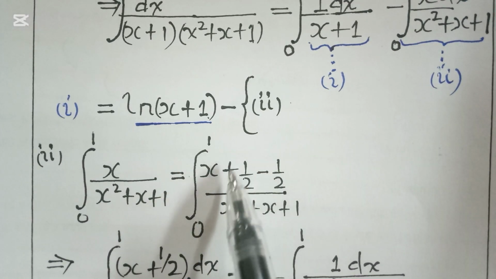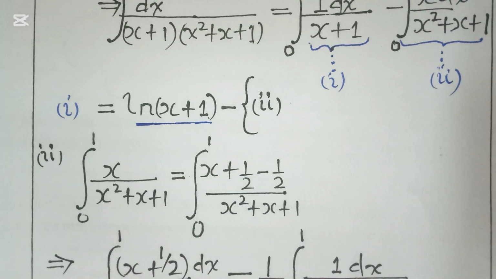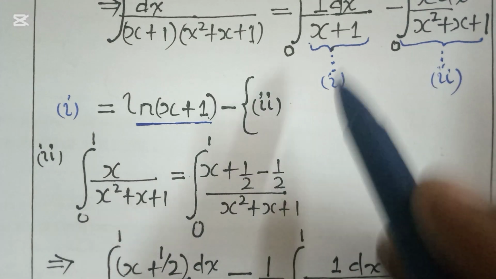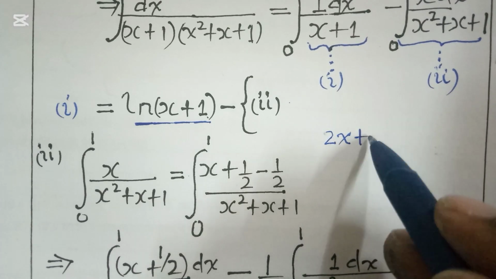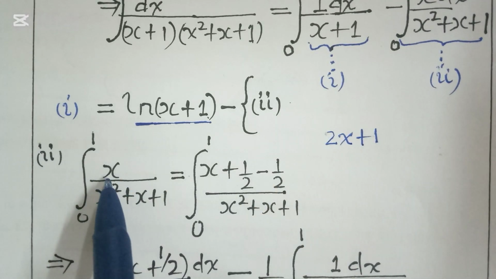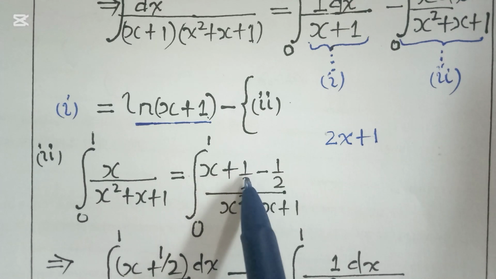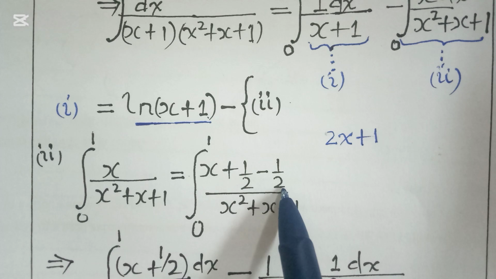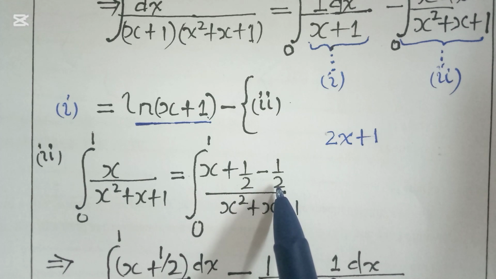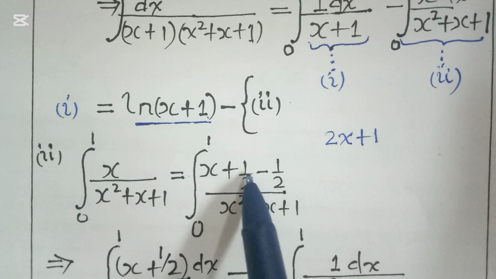To be able to get 2x plus 1 here, the first step is we add a half and then subtract a half. Once we have done that, we can come later and multiply by 2 so that we get 2x + 1.